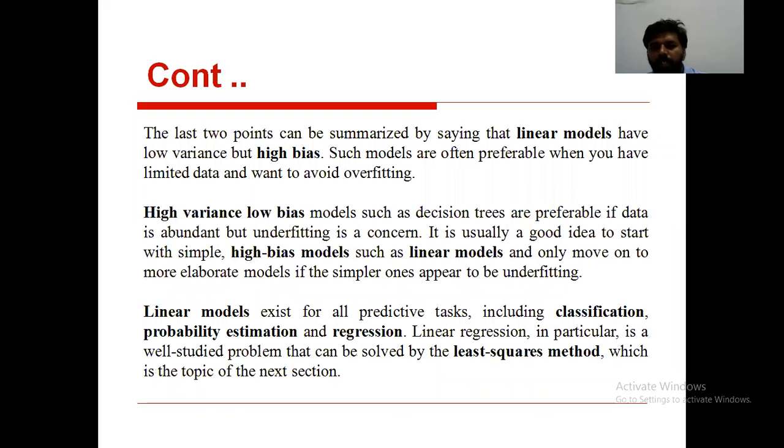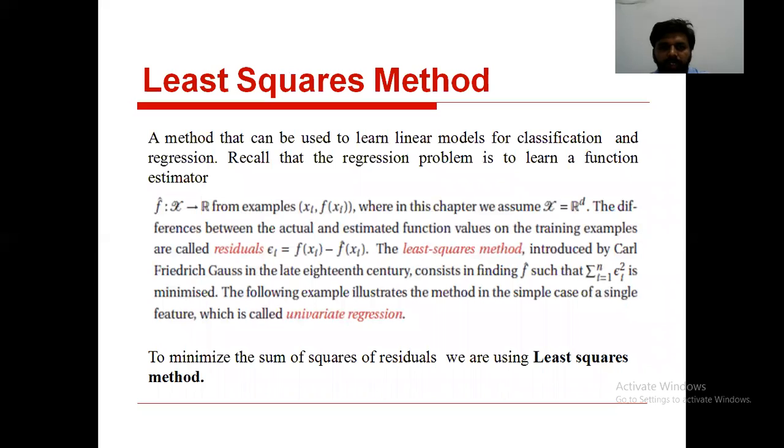Now, coming to the next concept, the least squares method. Here, observe this. Least square methods are used to perform classification as well as regression. That means the least square algorithm addresses the classification problem as well as the regression problem.